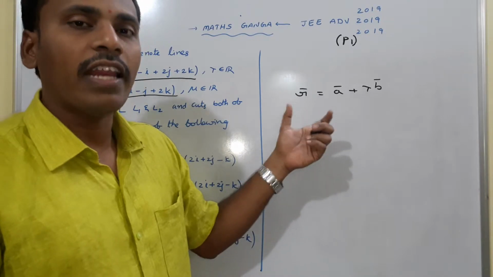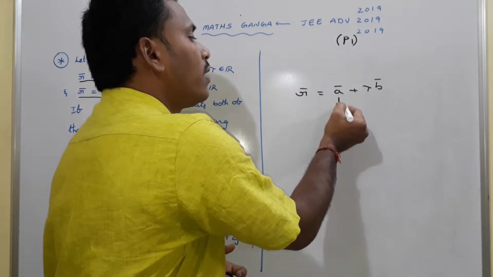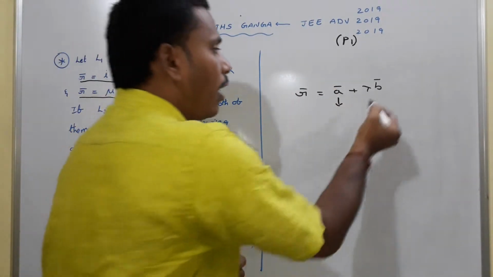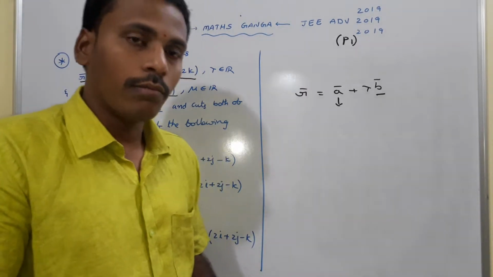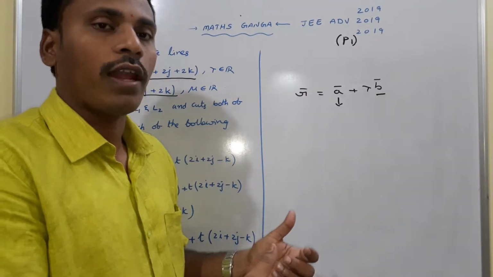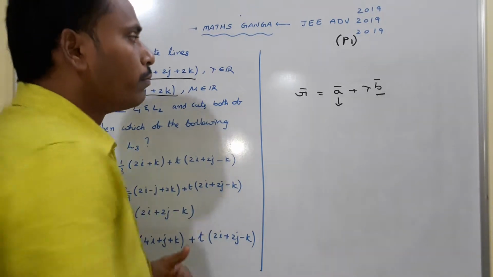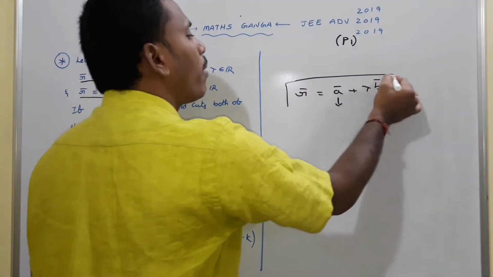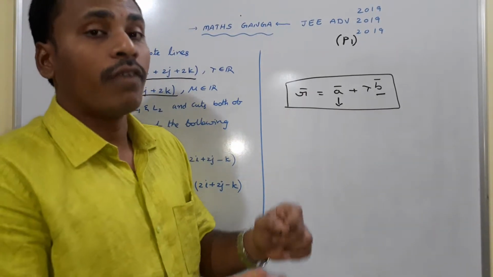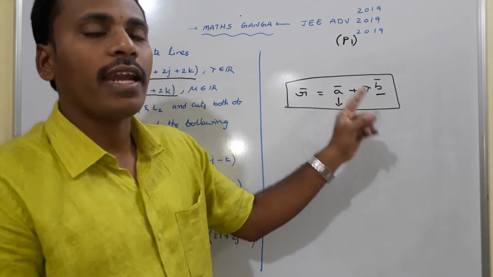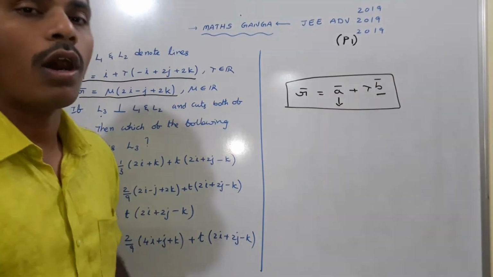It represents a line in which a bar is the point on the line and b bar represents the DRs of the line, meaning the direction ratios, which represent the direction of the line. So r bar equals a bar plus lambda b bar is the general form of a line in vector form, for which a bar is the point on the line and b bar is the DRs of the line, for lambda belonging to R.